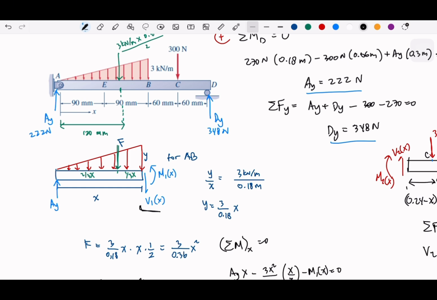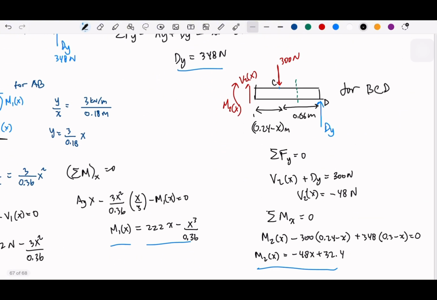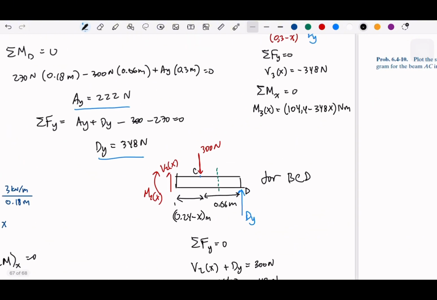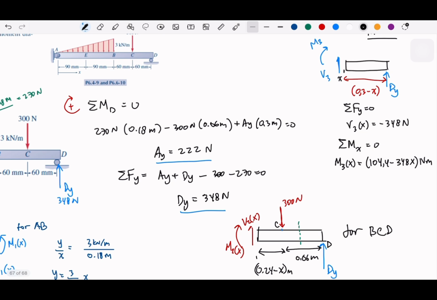And if we cut through the other element, we also imagine that this is the one that we just left. So we have distance x here. So we say that this will be the 0.24 minus x. So this will be 0.24, the whole thing, and then minus this x. And similarly for the last piece, we cut open also.